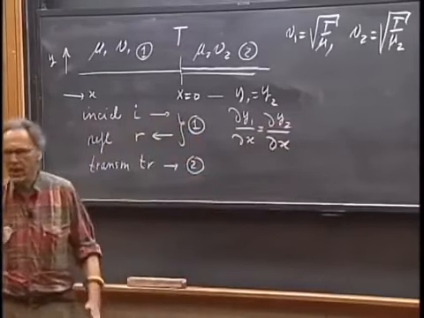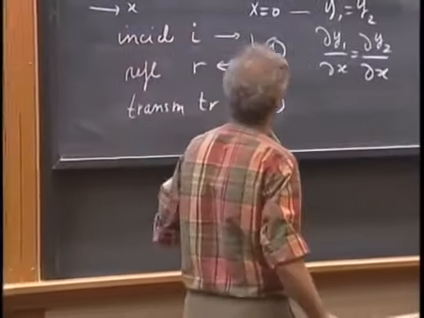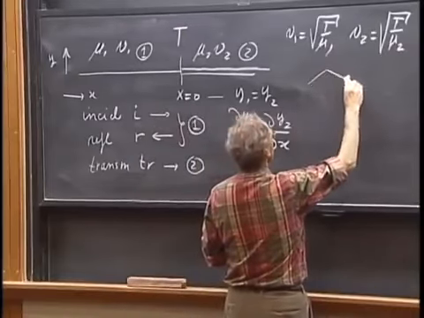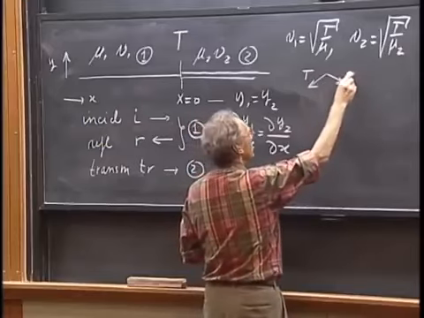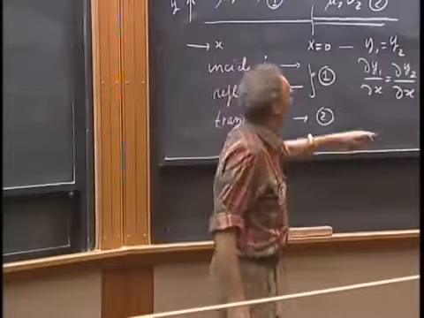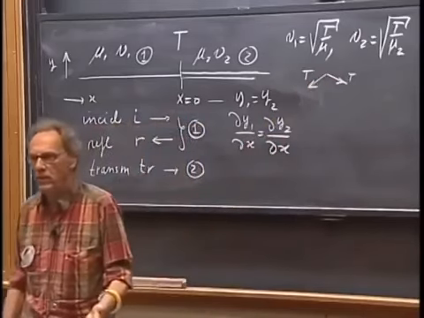If that were not the case, there would be a kink in the rope at the junction, and a kink would mean that there is a tension here and that there is a tension here, which would give a net force down, but the junction itself has 0 mass. And so that would give an infinite acceleration.